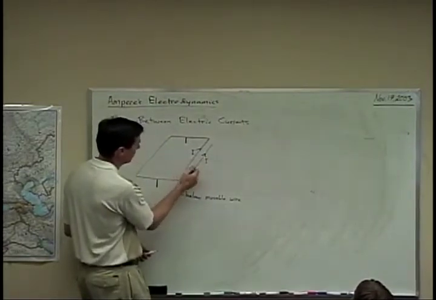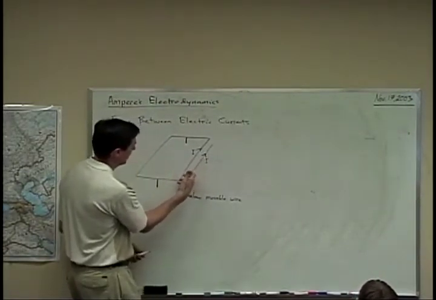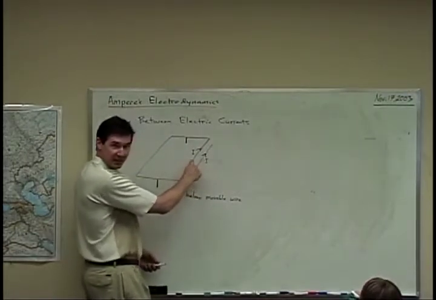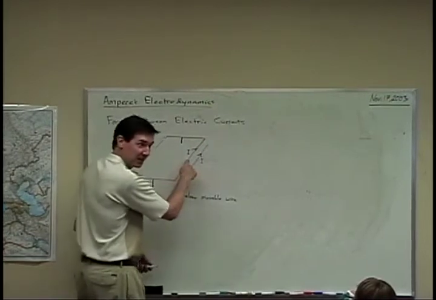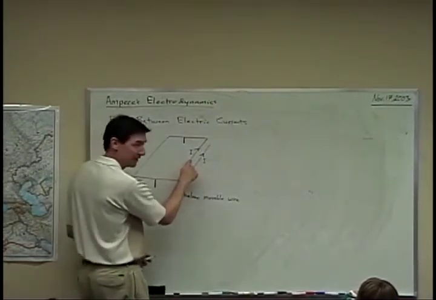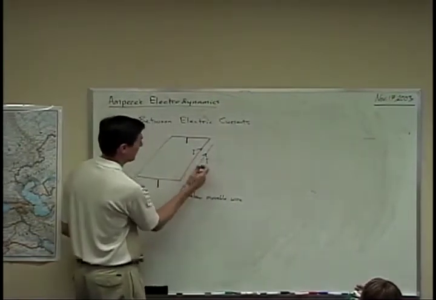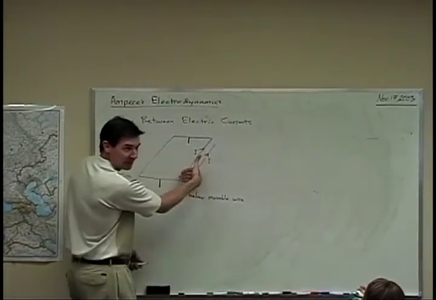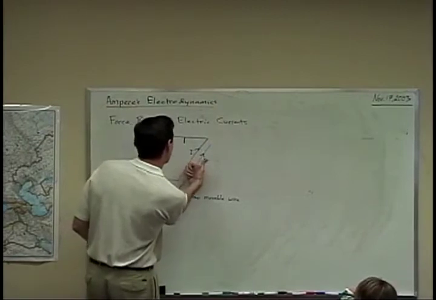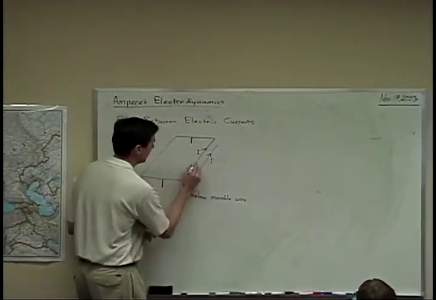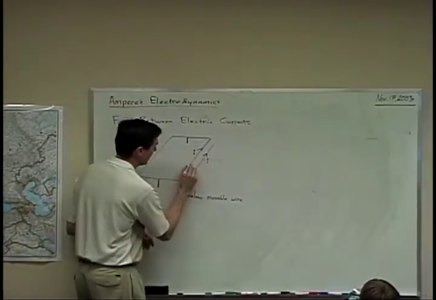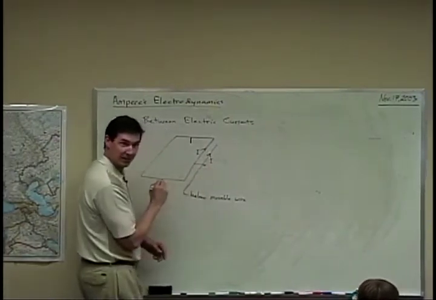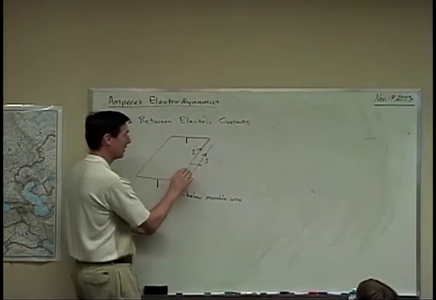And you can see why that would have to be. If you take the force on the movable wire, the first thing you have to do is figure out the magnetic field direction at the location of this wire. It's coming from the fixed wire, and if you put your thumb in the direction of the fixed wire, then the magnetic force from the fixed wire is going to be in this direction at the movable wire, right?